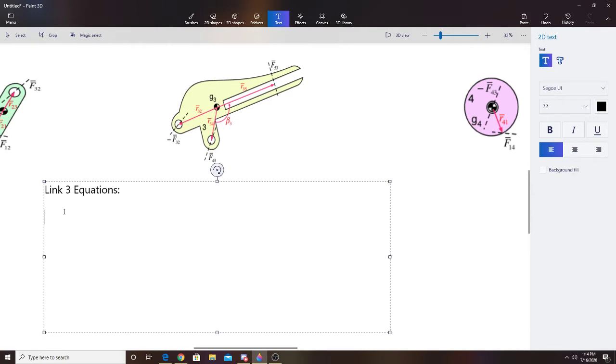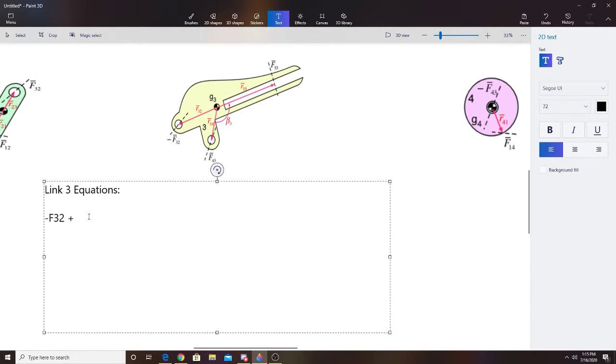So what forces do we have acting on this? Type it into the chat. Which ones are on this? Okay, X and Y, sure, but which specific forces? Like, what are the names of them? Minus F32, I agree. So minus F32. Then where's another one?